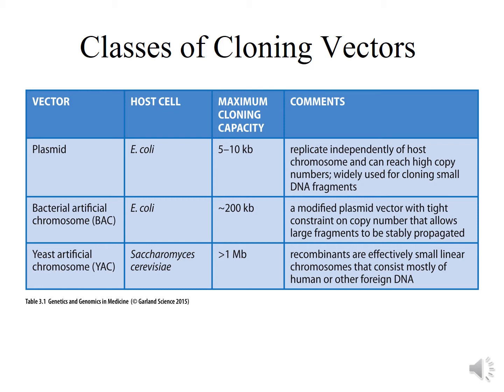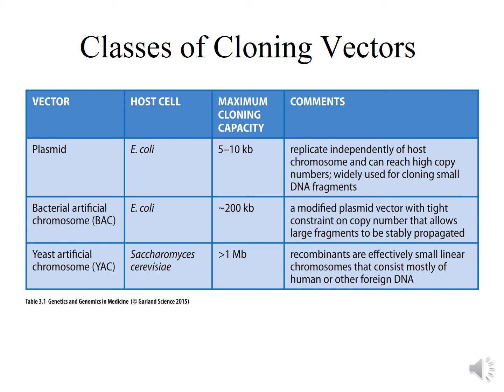The plasmid is the workhorse of the recombinant DNA laboratory, and its host cell is E. coli. In fact, plasmids were first identified as naturally occurring extrachromosomal circular pieces of DNA that aid in the transmission of bacterial resistance in nature. These have been exploited for use in the laboratory and modified to a great extent.